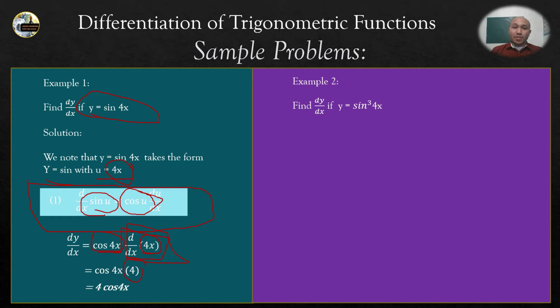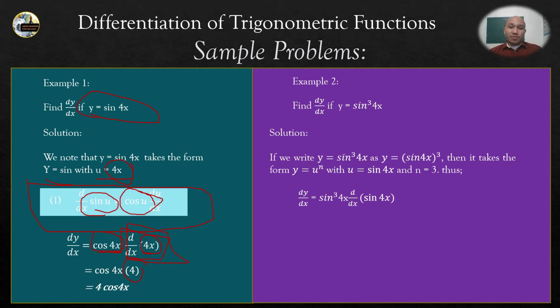For problem number 2, find dy over dx if y equals sine cube 4x. If we rewrite y equals sine cube 4x as y equals the quantity sine 4x, cubed, then it takes the form of y equals u raised to n.